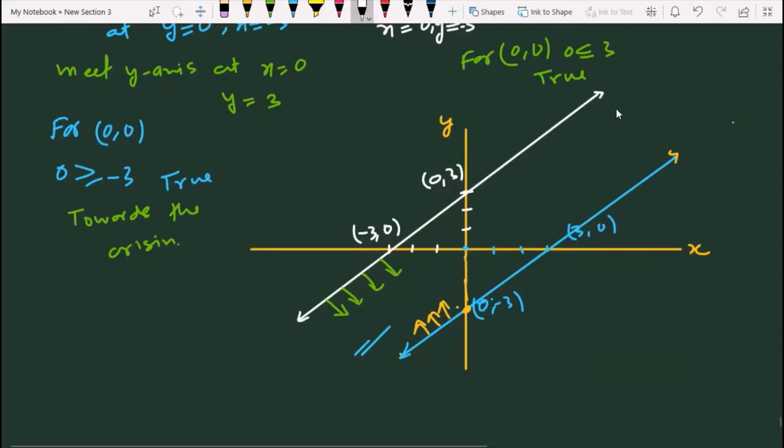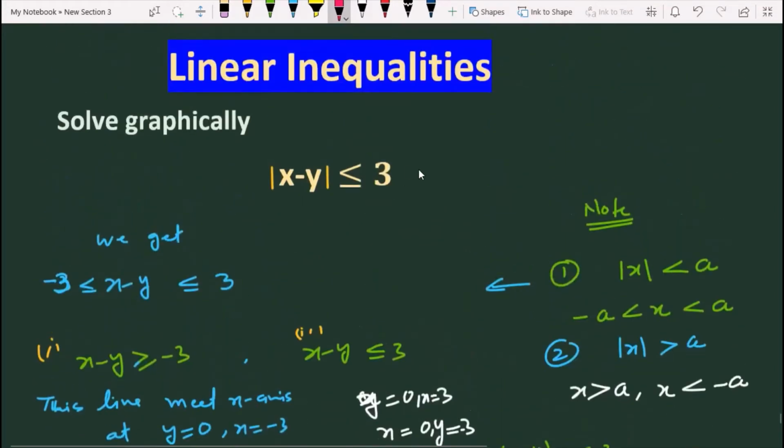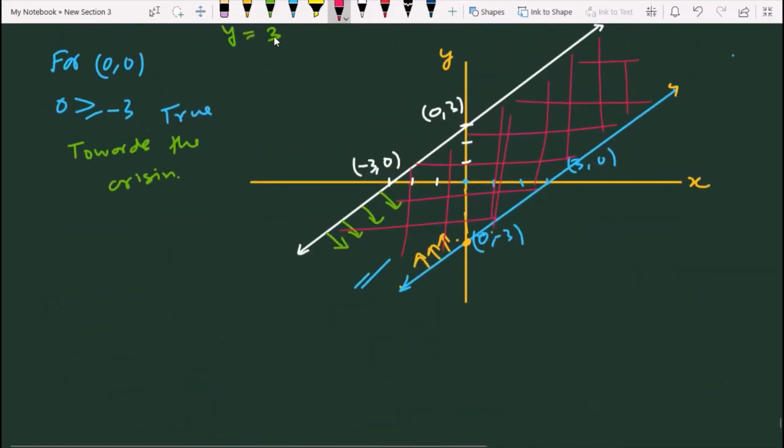This is the region on the graph which satisfies both the equations. This is the region. Hence, it is the solution of this inequation. We have to check the answer to verify.